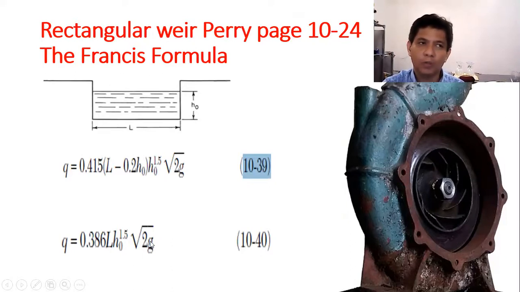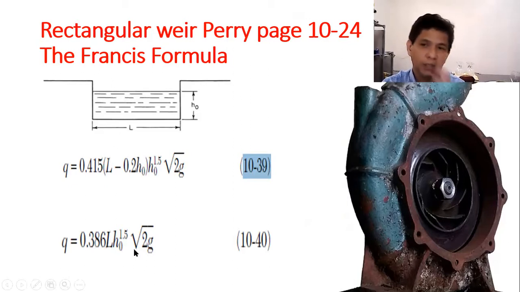If you take the square root of meter per second squared, you have m to the 1/2. So m to the 1/2 times m to the 2.5 gives you m cubed, and the second squared becomes second. So the unit, if you use purely SI units, would be cubic meter per second.